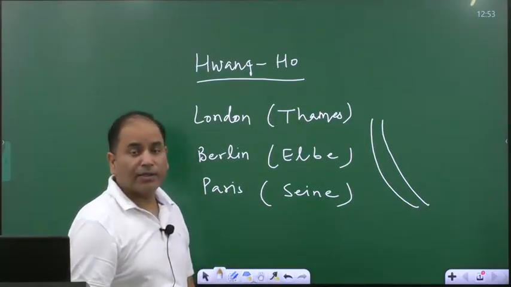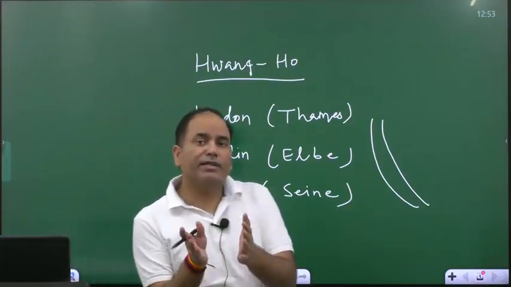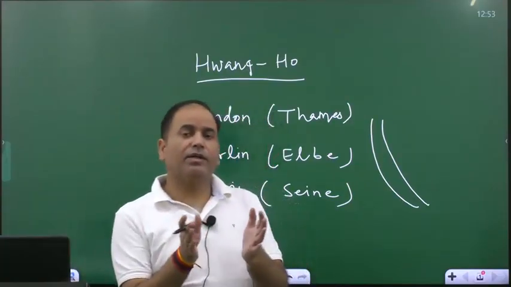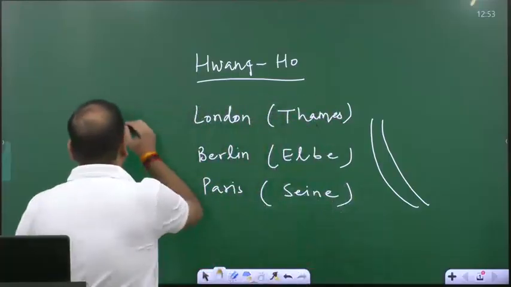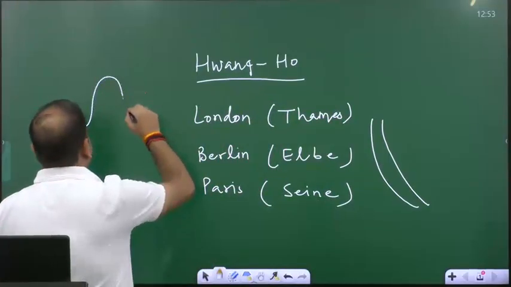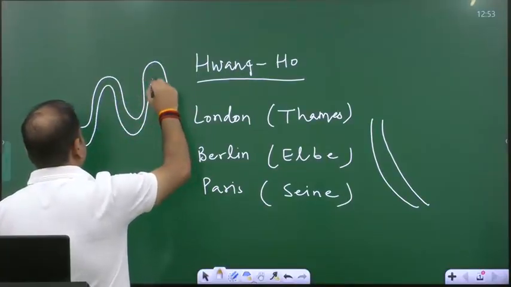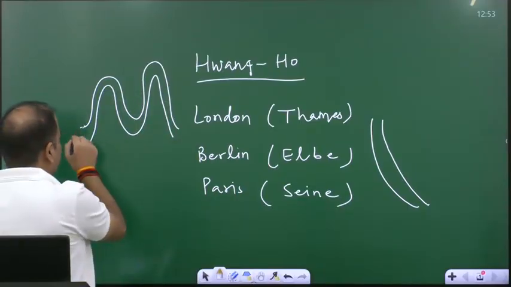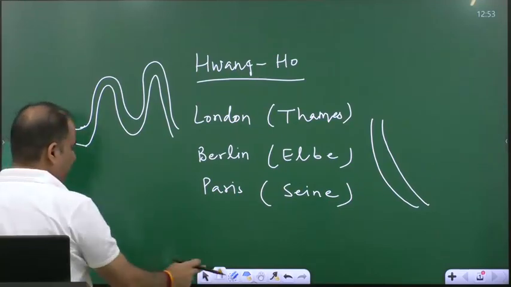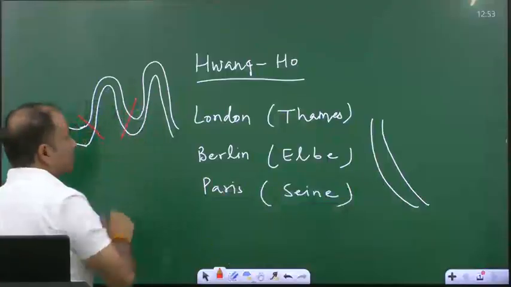But we have a concept in our geography, river changing its course. So we call it river avulsion. So let's suppose that the river is flowing like this. When there is large scale meandering, at one point of time it is quite possible that the river will change its course.